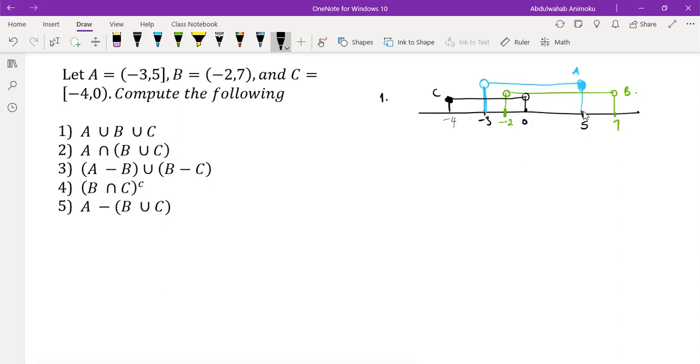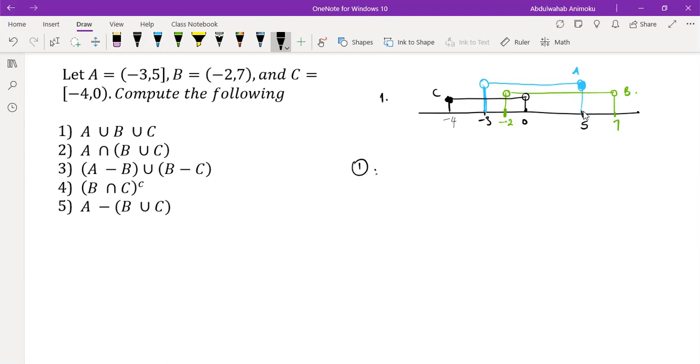Now, looking at this picture, this will go a long way to help you understand how to operate between those sets. If you have union, intersection, complement, or even difference between the sets, you will know exactly what elements are included and what elements are not. So let's look at the first question.